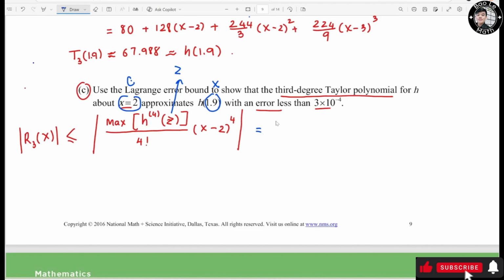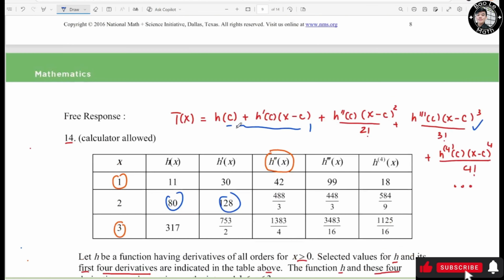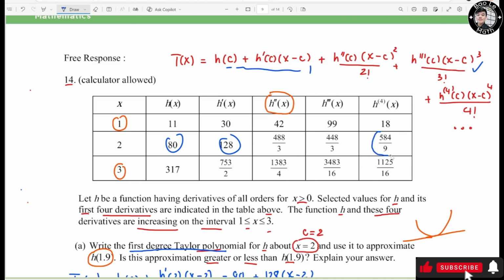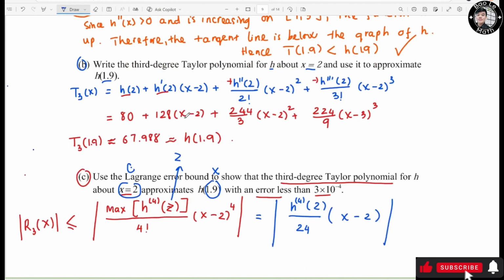So we have the absolute value of the fourth derivative of h at 2 over 4 factorial, which is 24, right? Times s minus 2. Now, the fourth derivative of h at s equals 2 is given right here, 584 over 9, right?